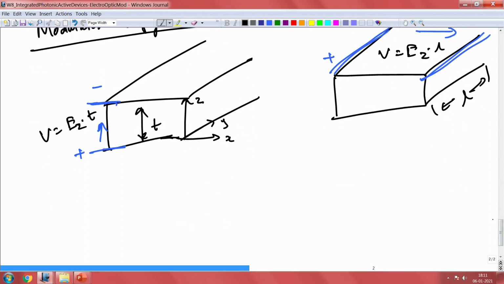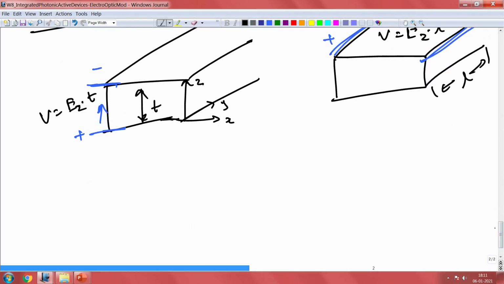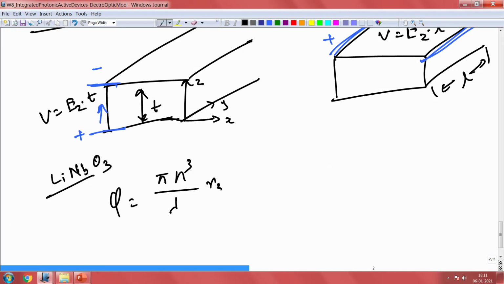For lithium niobate in this particular configuration, you could have the phase shift as follows: pi n cubed divided by lambda, R33 V L over D. This is the phase shift that you get for transverse phase modulation.